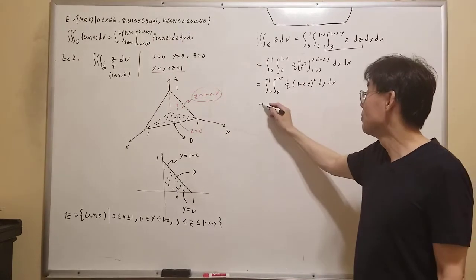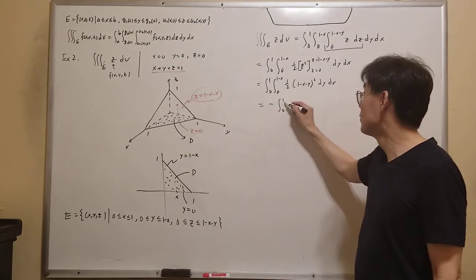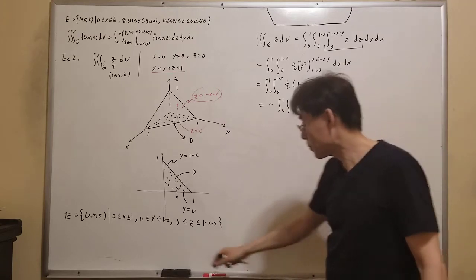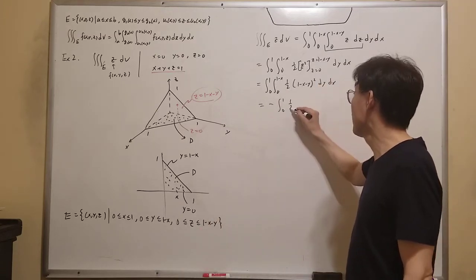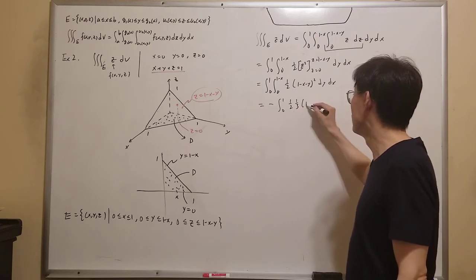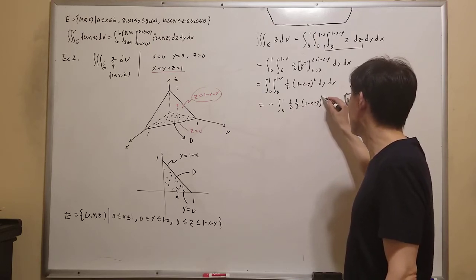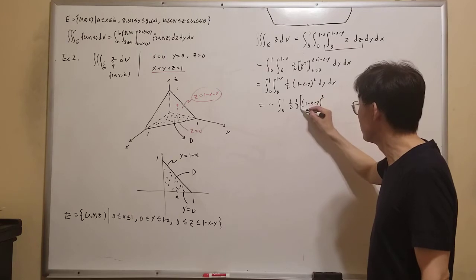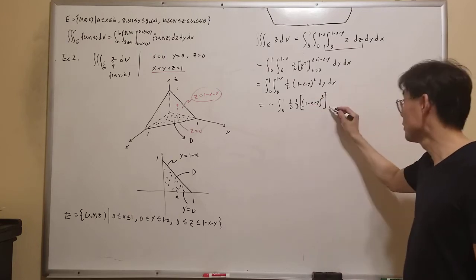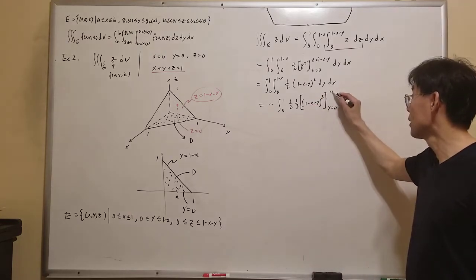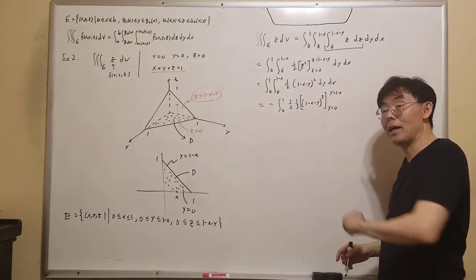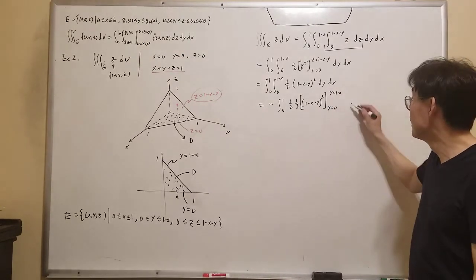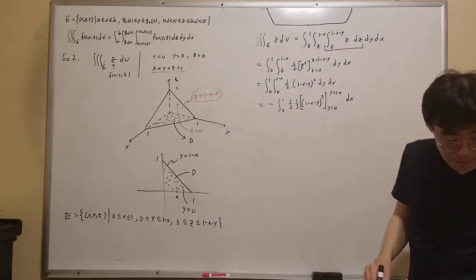This is negative of one half times one third, (1 minus x minus y) to the third power. It's quite helpful to write it this way, so that you don't mistakenly plug into x. Then dx.